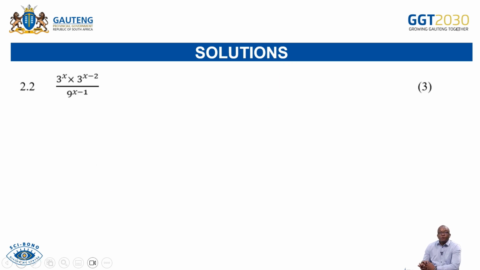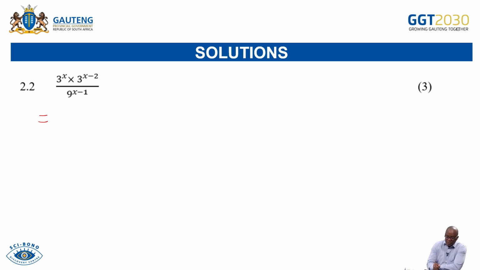Okay, we move to the second one. On this one, remember that we need to understand the prime factors. And we also need to understand the laws of exponents, where it says when you have the same base, you add the exponents, and when you divide the same base, you subtract the exponents.